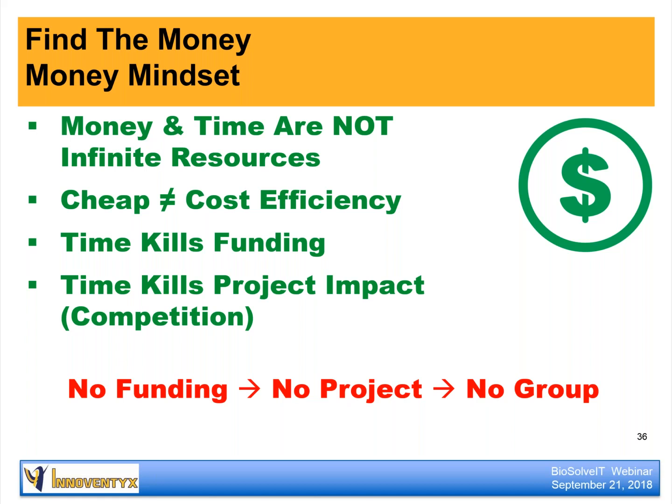One thing that happens with money is that everybody wants to save, and that's fine. We all want to save money, but if you focus too much on buying everything that is the cheapest, to save as much as you can, that is not cost efficiency, because you're going to be, for lack of better words, wasting a lot of time, because you want to save $2-3 here or there.